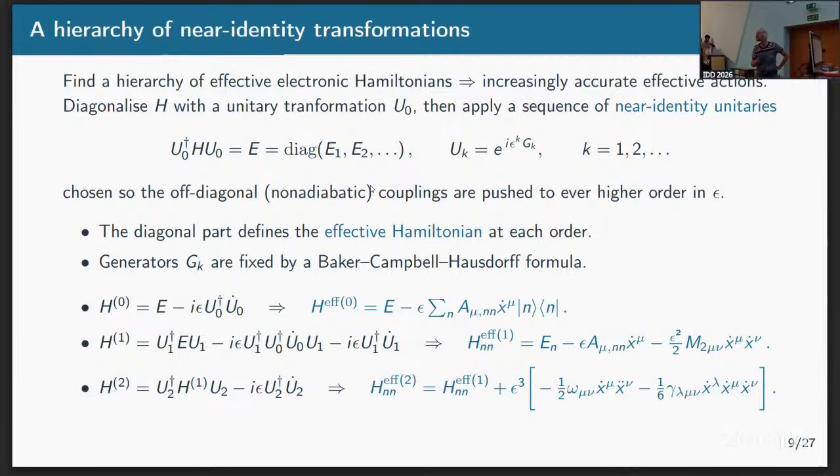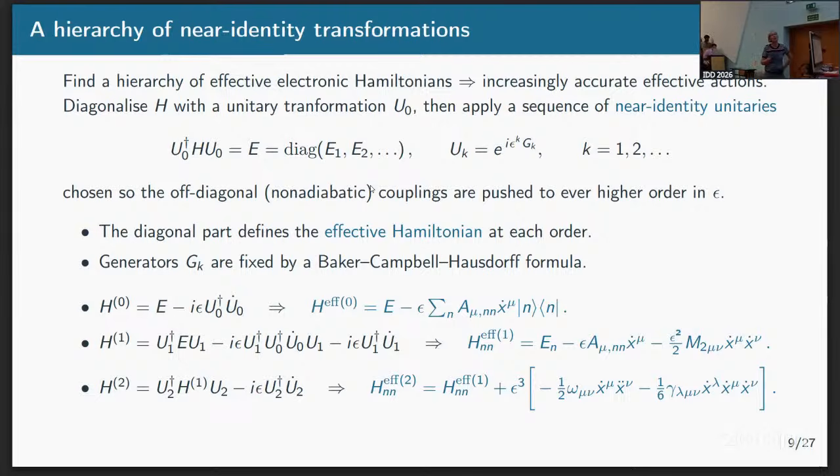In the first order, the effective Hamiltonian, apart from the energy, will get corrected by this contribution coming from the gauge potential. In the first order, you will get an additional term, which, if you remember my quick summary in the beginning, will correct actually the mass matrix or a metric, if you want, Riemannian metric on your nuclear manifold by this factor.